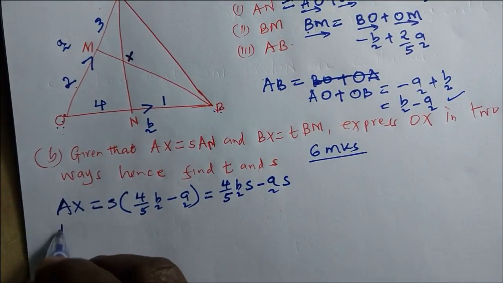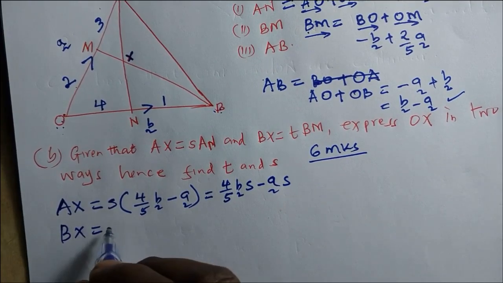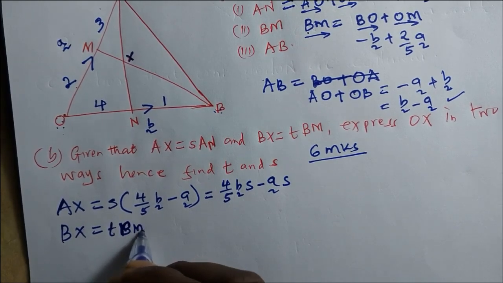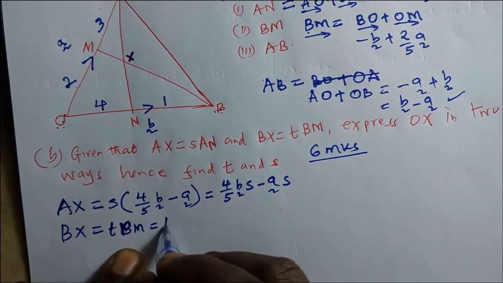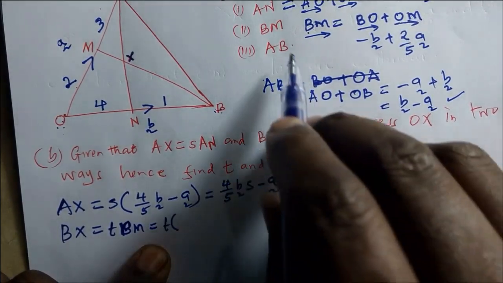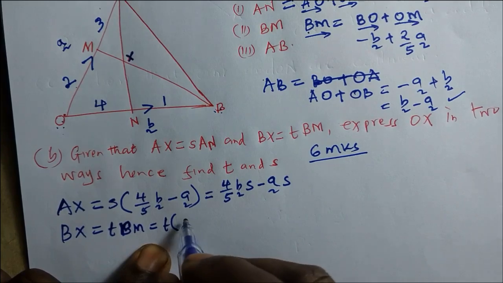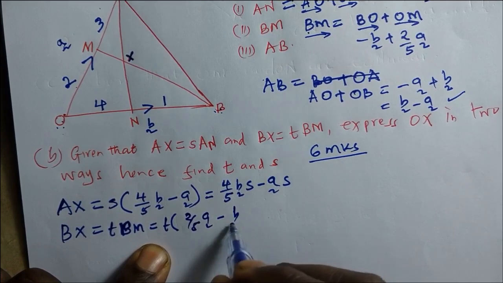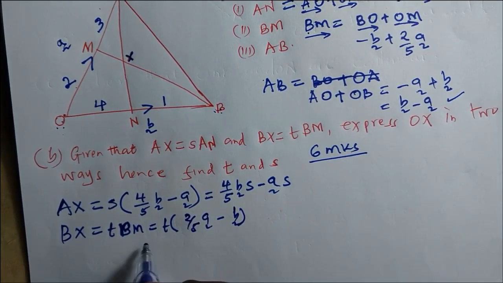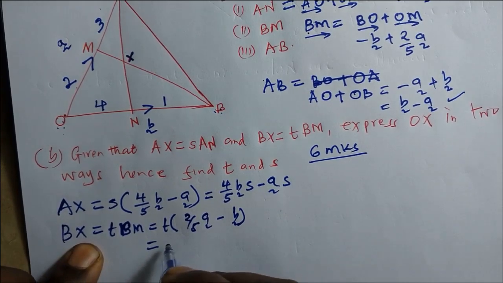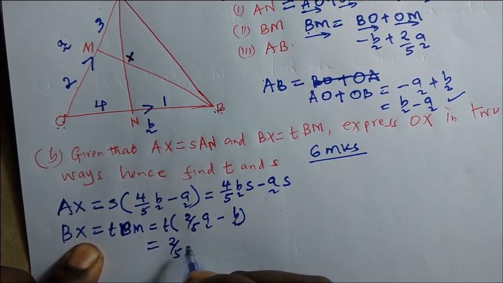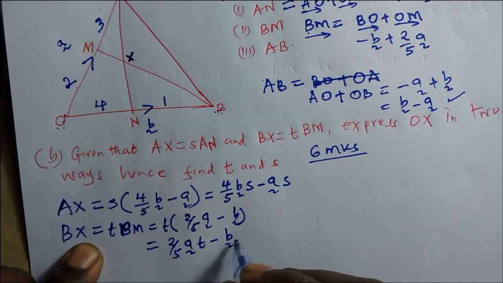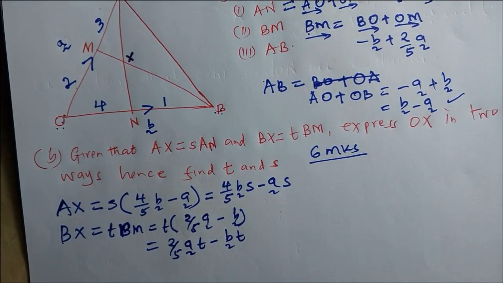We can also express BX because we need it. This is T BM, which is the same as T into BM. Our BM is 2 over 5 A minus B. So BX is equal to 2 over 5 vector AT minus BT. That is vector BX.